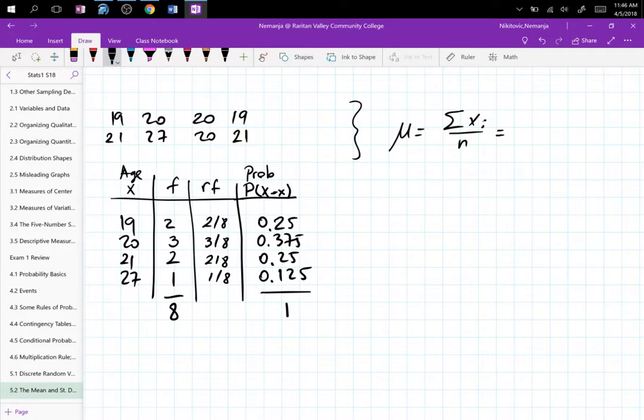So the summation of all these numbers would be 167, divided by 8, which is 20.875. Okay. So 21 would be the average.